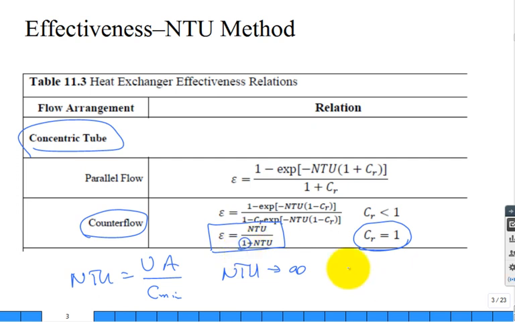So what does the effectiveness do? It goes to 1. Okay, so now if I know the effectiveness goes to 1, then what is the Q actual? It's equal to Q max, which is the minimum heat capacity rate times the temperature hot in minus temperature cold in.